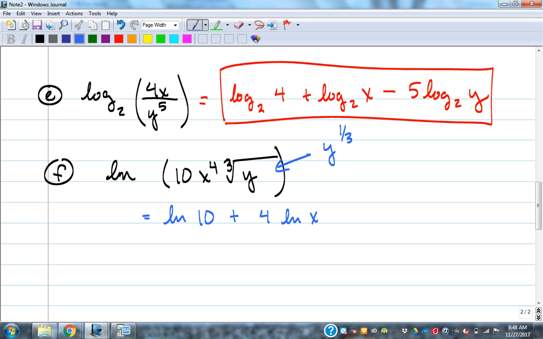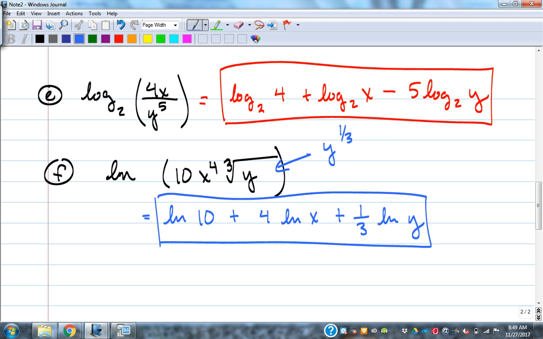So if it's a cube root, it's 1/3. If it's a square root, it's 1/2. If it's a fourth root, it's 1/4. If this is a 5 right here, it's 1/5. It's a really easy idea. But knowing that is what's happening allows me to then go, oh, it's 1/3 natural log of y. And now we've expanded that.